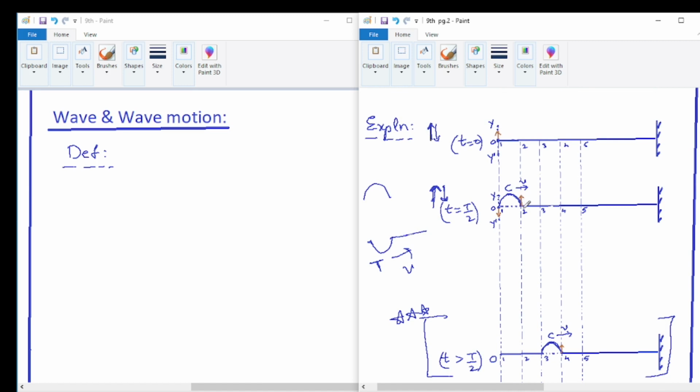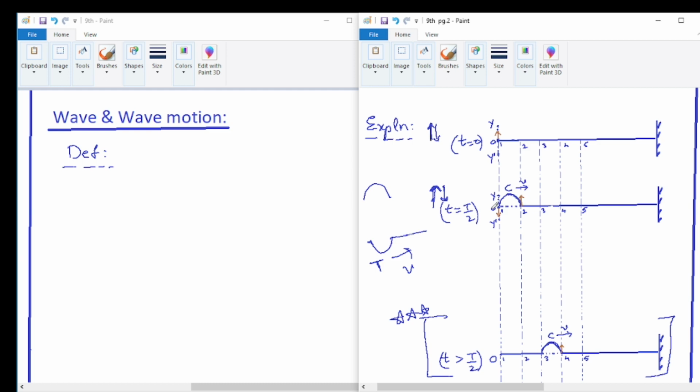Why is particle 2 going upwards? Why is the brown arrow directed upwards? The arrows which are perpendicular to the length of the string denote the direction of vibration. Because the crest is moving rightwards, a little later the center of the crest will be coming here, so particle 2 has to come here.